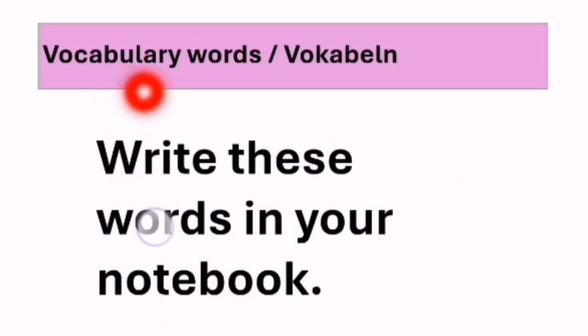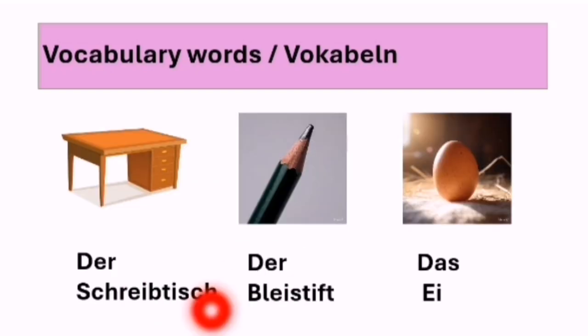And now, vocabulary words, Vokabeln. Write these words in your notebook. Look at this. Der Schreibtisch, desk. Der Bleistift, pencil. Das Ei, egg. So be careful.